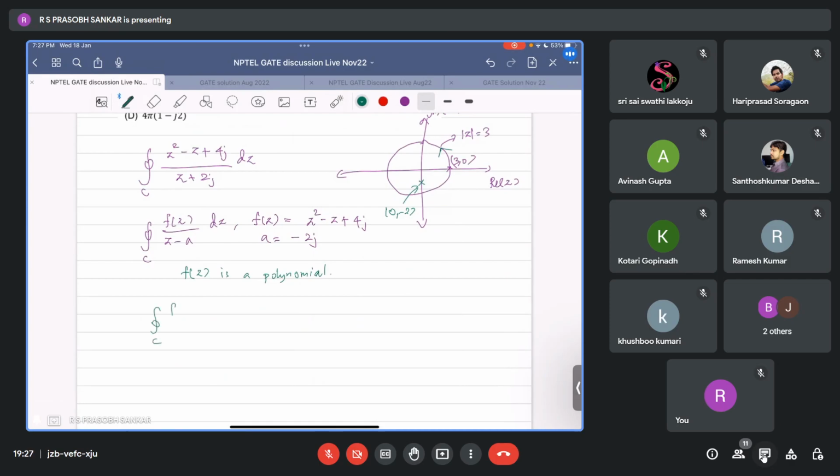So what is this thing? This integration over C of f of z by z minus a dz is 2 pi j times f of a.